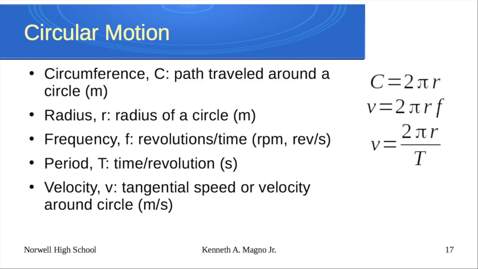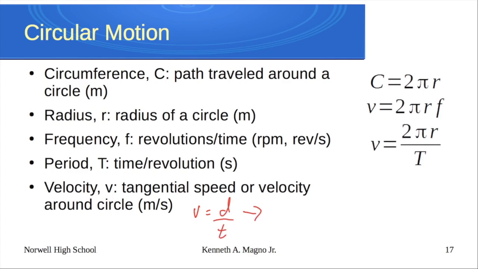All right? Now, we've got two different ways we can talk about the time for a revolution. We can talk about the revolutions per time, the RPM or the RPS. That's the frequency. Or we can talk about the period, the time per revolution. All right? And we're used to dealing with velocity as just distance over time.